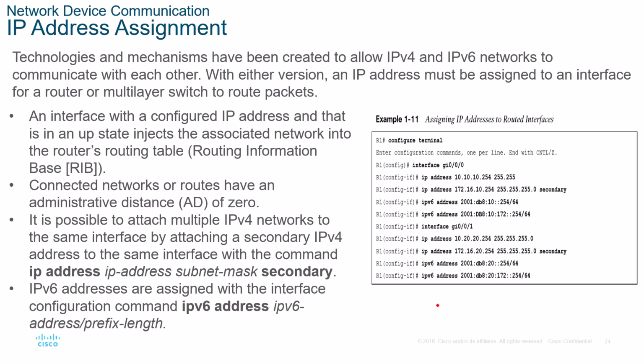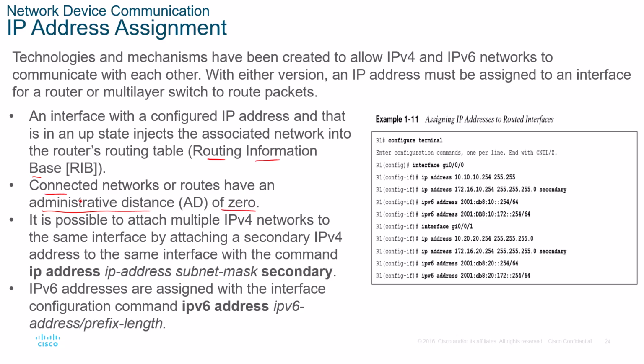We should know that we can assign addresses to an interface. Again, that should all be there. The addresses will be used to build a route table, and it will help build the routing information base, RIB. Directly connected networks have an AD of 0.